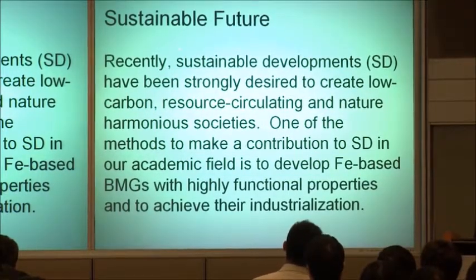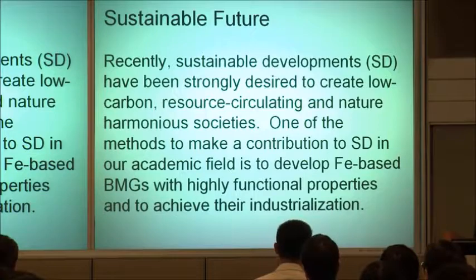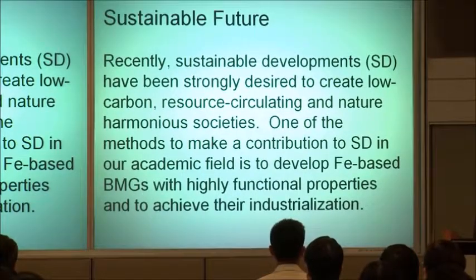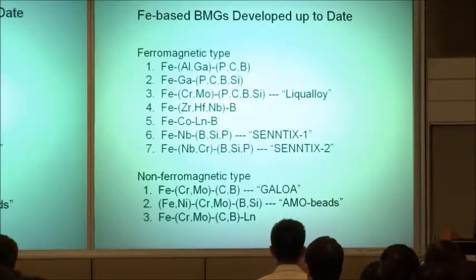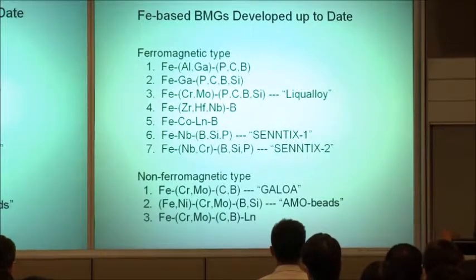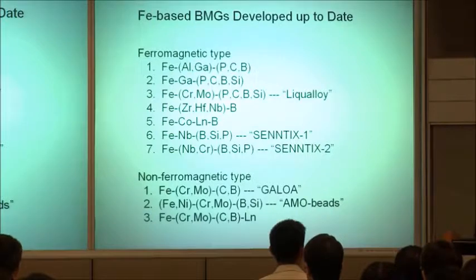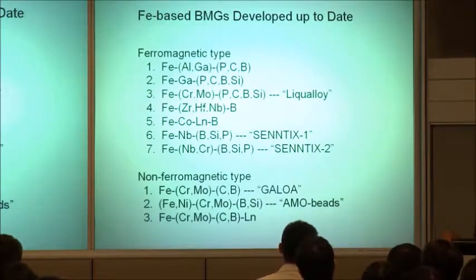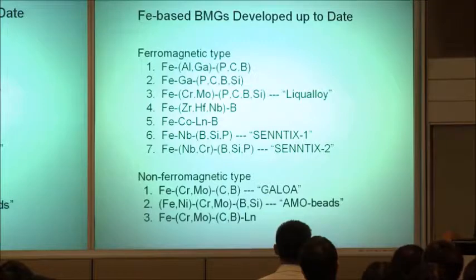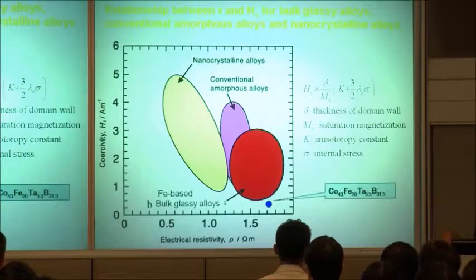So, in order to achieve future sustainable societies, it's very important to develop iron-based Glassy alloys with highly functional properties. Since the first synthesis of iron-based Glassy alloys in 1995, we developed a variety of them. Some have already gained real applications with the trademarks of ZrACuNi, Centix, Galois, and Amobiz.